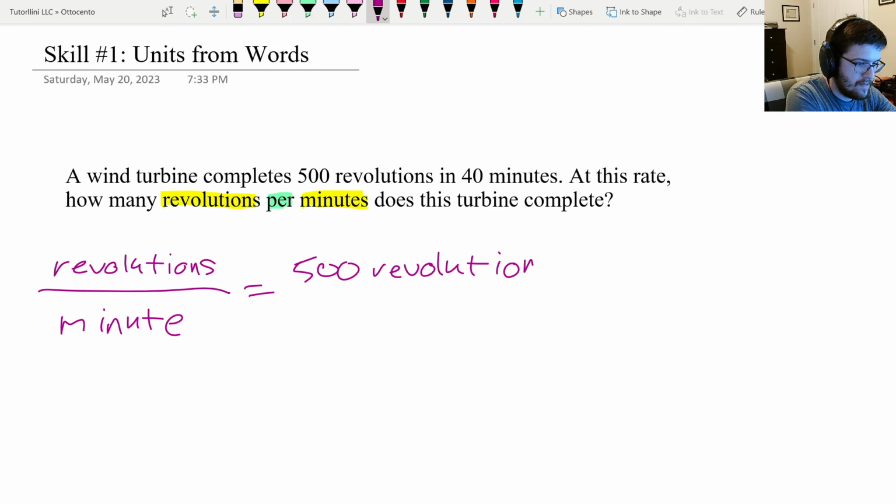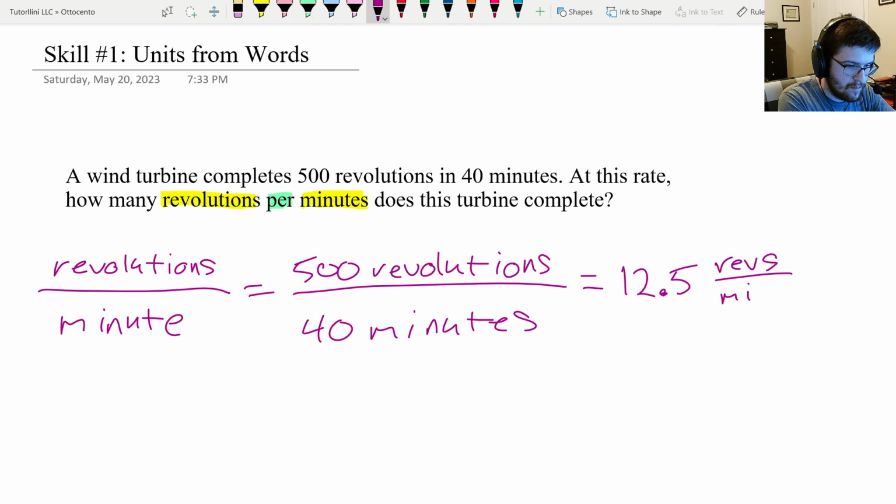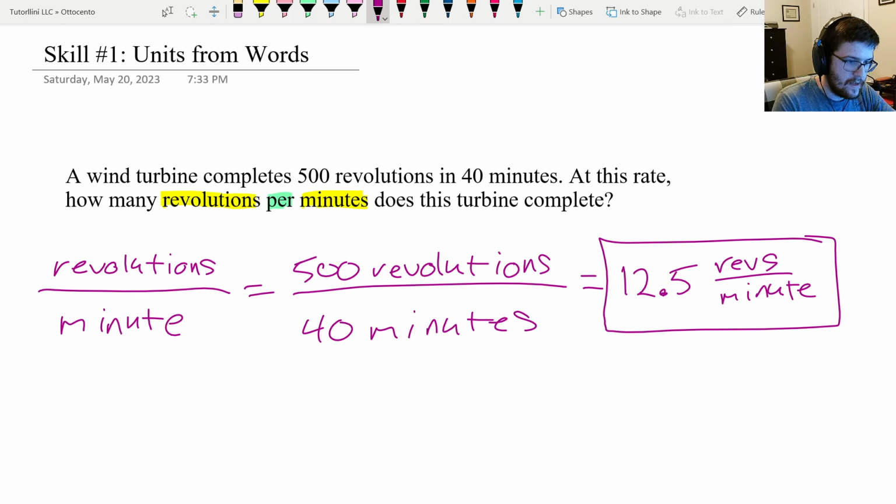So that's going to go on the top. And 40 minutes. And let's see what that gives us. 500 divided by 40 is 12.5. So we would write this as 12.5 revolutions per minute. And that is our answer. Okay, let's move on to the next skill.